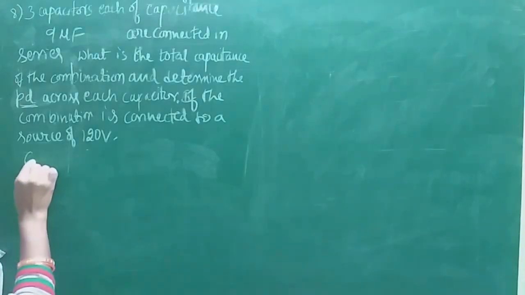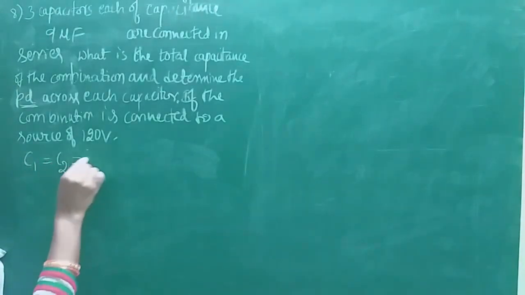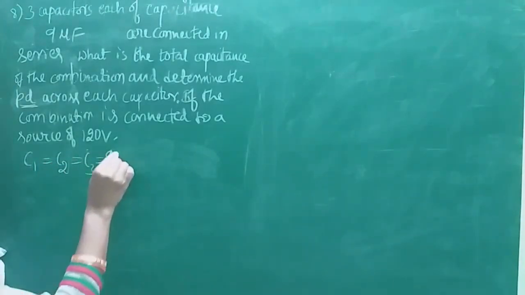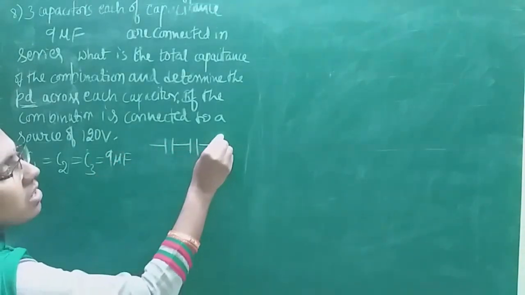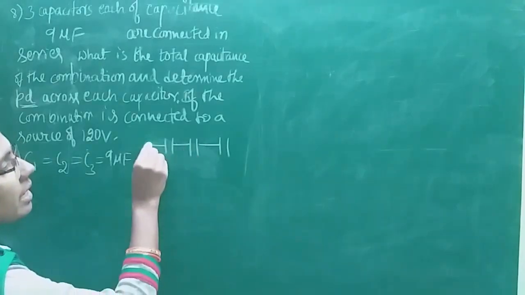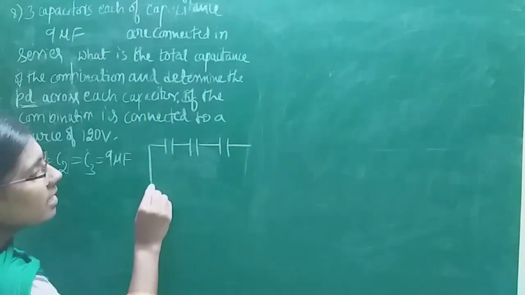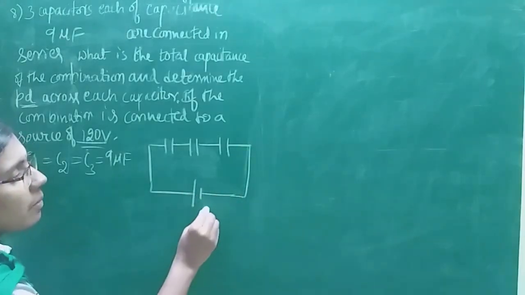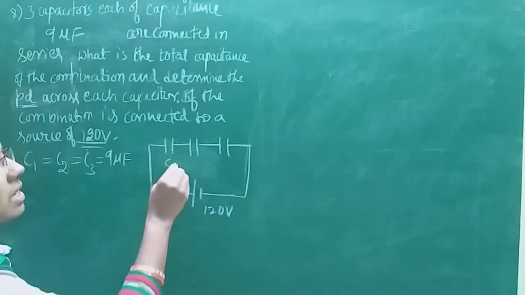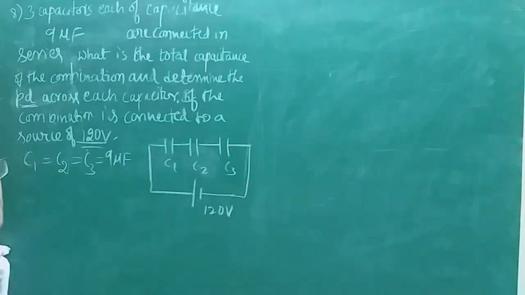That means all the 3 capacitors have the same capacitance, 9 microfarad, and are connected in series across a 120 volt supply. Let them be C1, C2, C3.